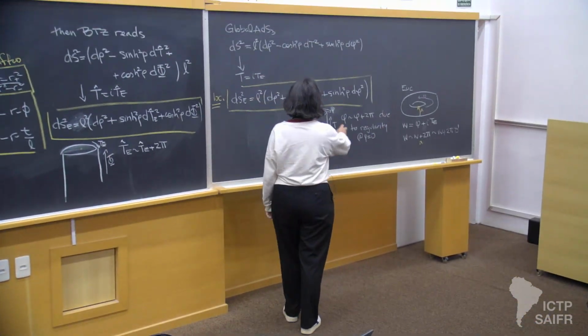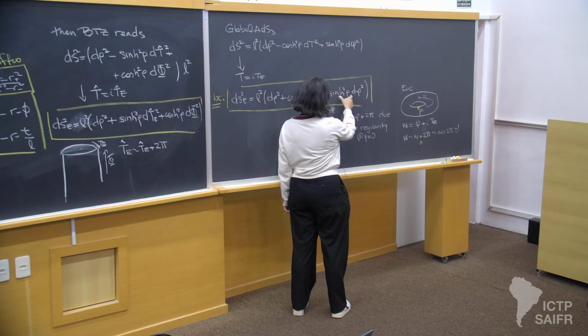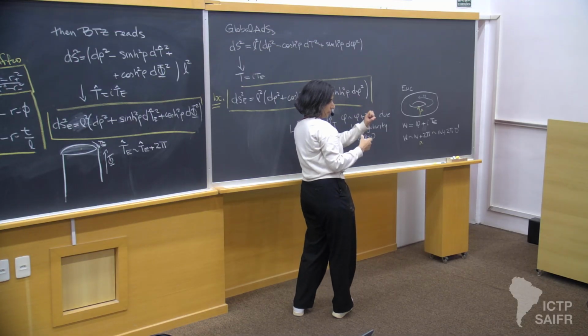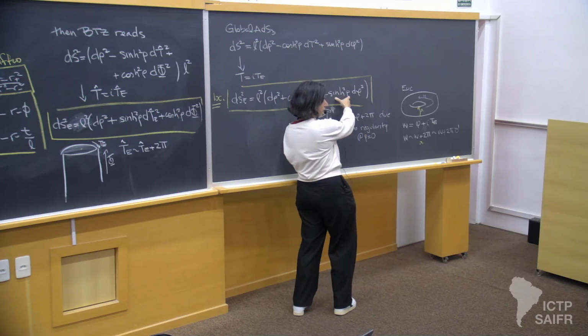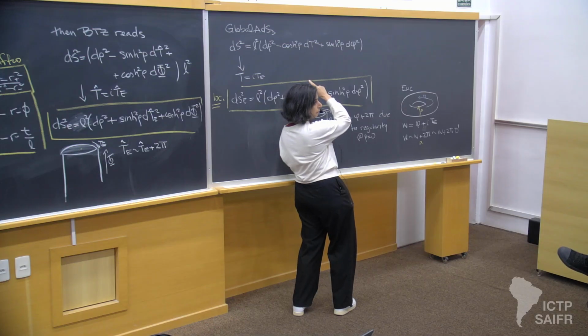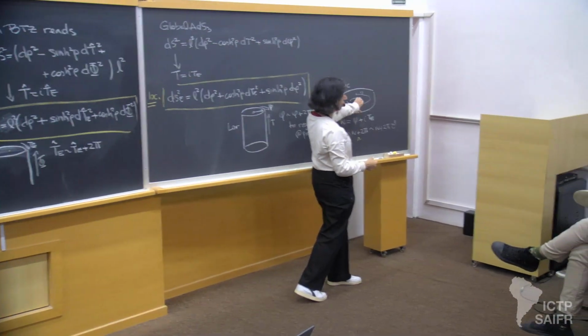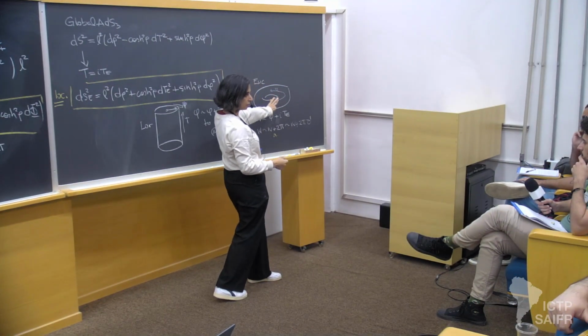So here, this guy has periodicity 2 pi. The reason I'm saying that something shrinks to 0 is because I have this cinch in front. This cinch goes from being very big and infinite up to 0 when rho is equal to 0. That's why I drew it as something that can shrink to 0 size.